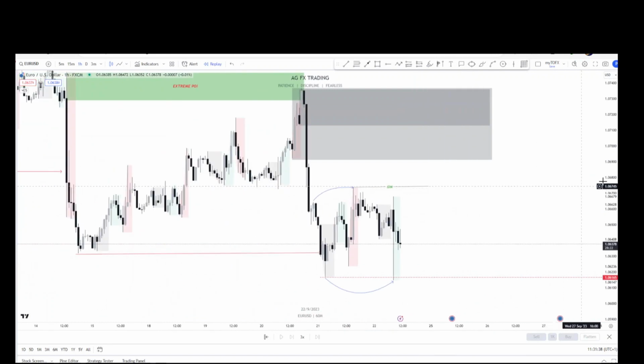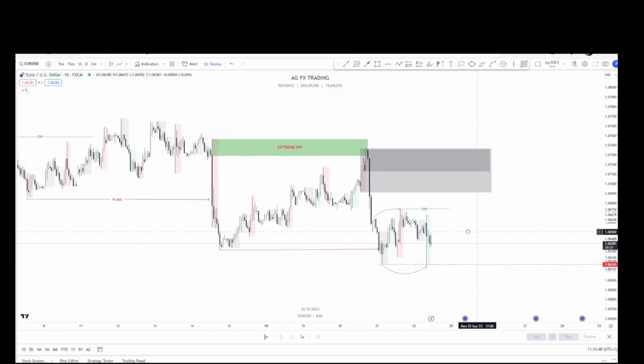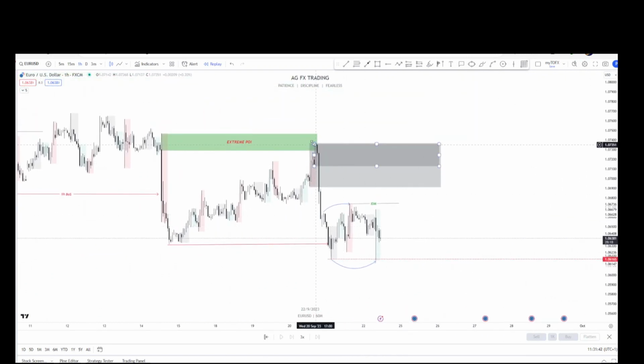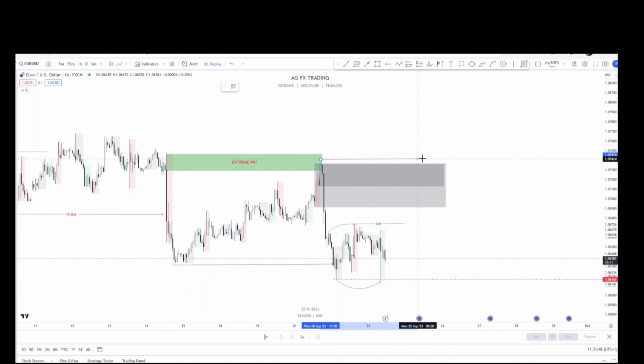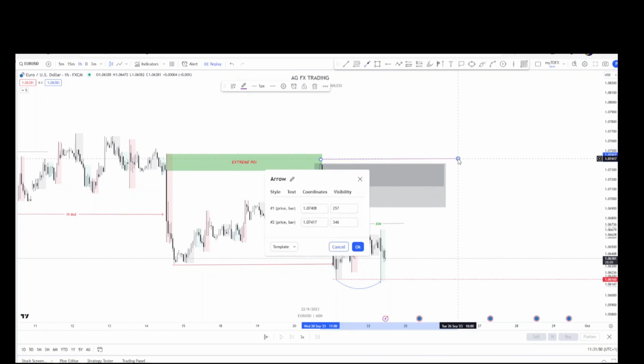Another thing that we could put in our mind is, as it is now, this is our higher high, this is our lower low. If price comes to break this level, we'll have a change of character on the 1 hour time frame.